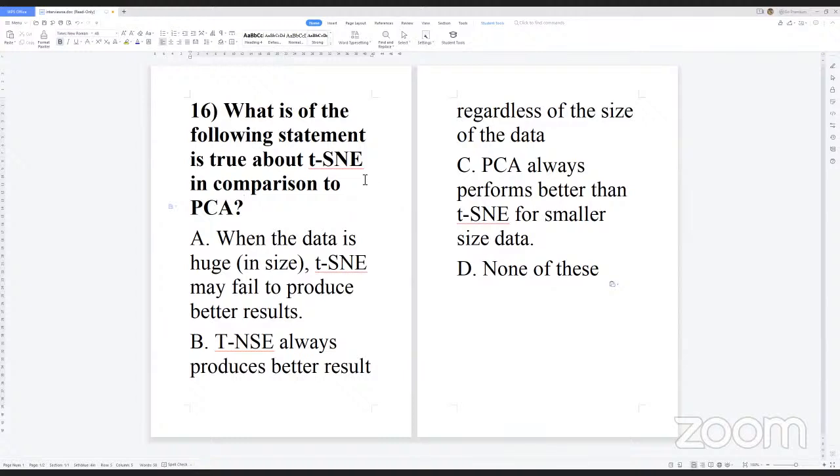So going to the 16th question: which of the following statements is true about t-SNE in comparison to PCA? Option A, when the data is huge in size, t-SNE may fail to produce better results. B, t-SNE always produces better results regardless of the size of the data. C, PCA always performs better than t-SNE for smaller size data.